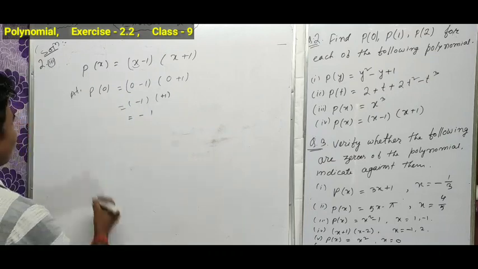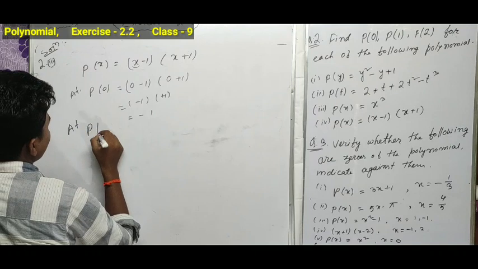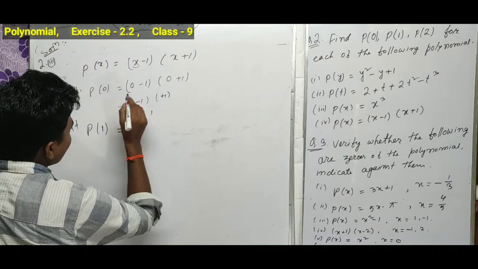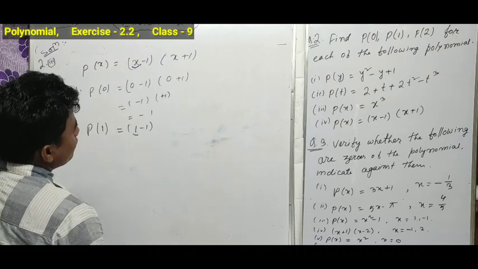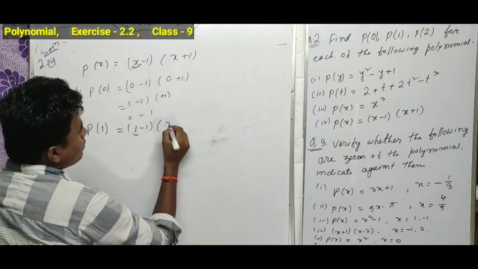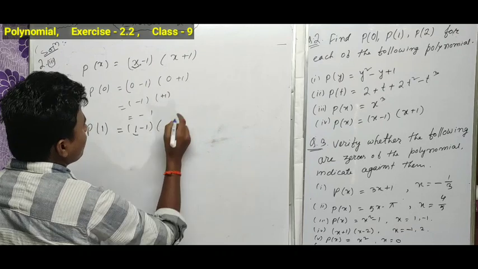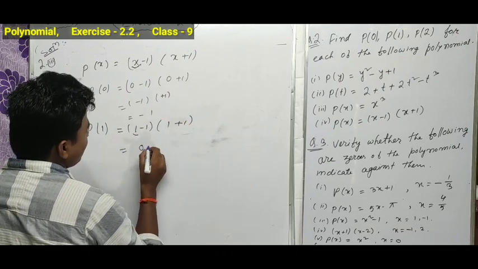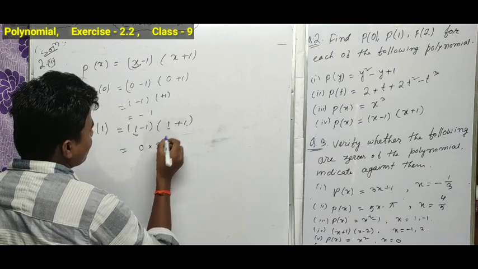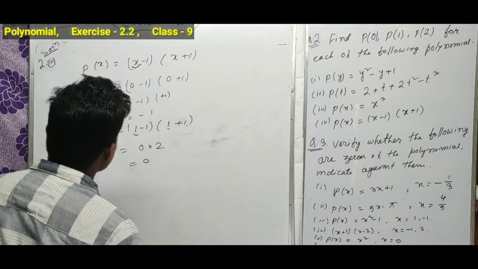Very simple. At P(1), what will come? In place of x I put 1 minus 1, and again in place of x I put 1 plus 1. 1 minus 1 means 0 into 2. It will also become 0.